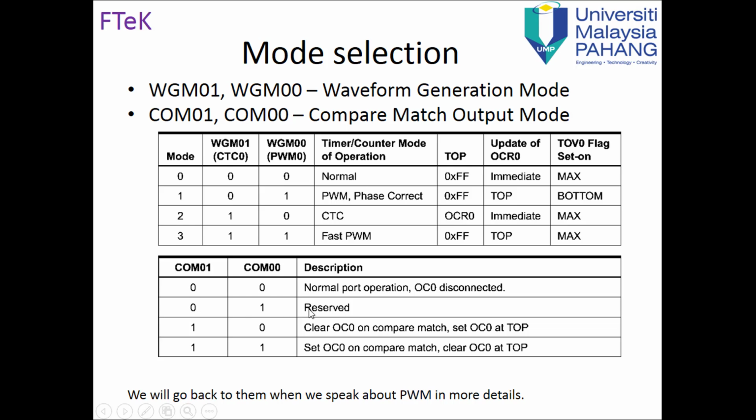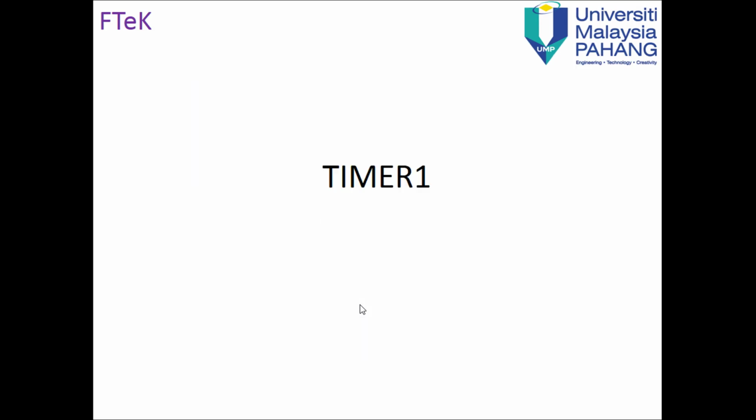So you can choose normal port operation, clear OC0 on compare match, set OC0 at top, and set OC0 on compare match, clear OC0 at top. These are for the CTC mode, and also for the PWM. We will speak about this later when we explain more about the PWM.